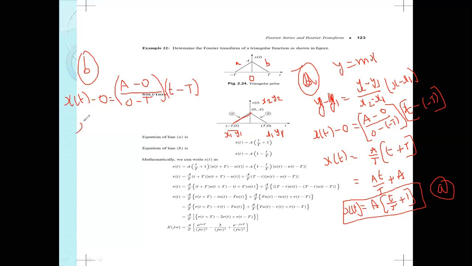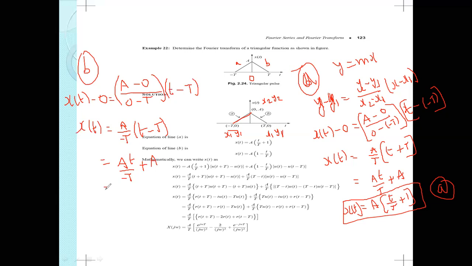Simplify this function. X of t is equal to a minus 0 is a, 0 minus t is minus t, capital T here, t minus capital T. Multiply this function, at by the capital T, nothing but minus t. Minus into minus is plus.